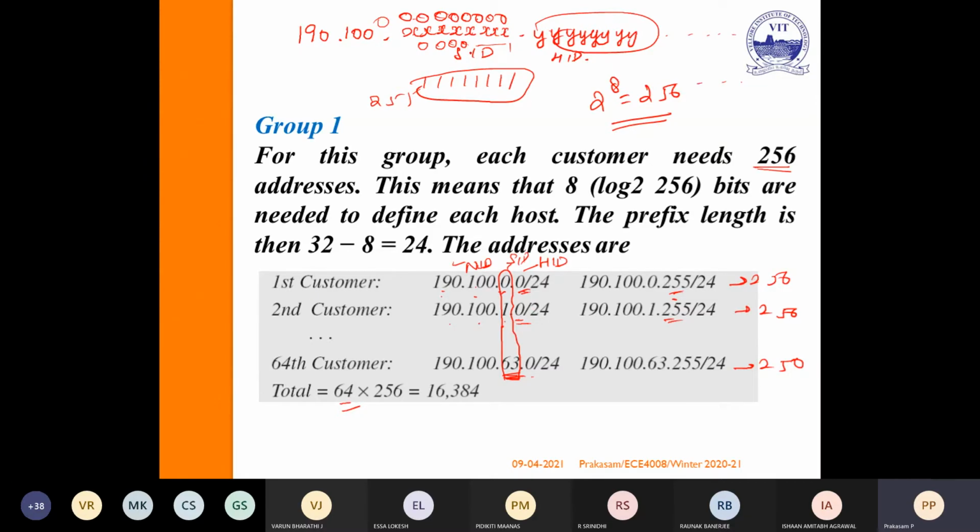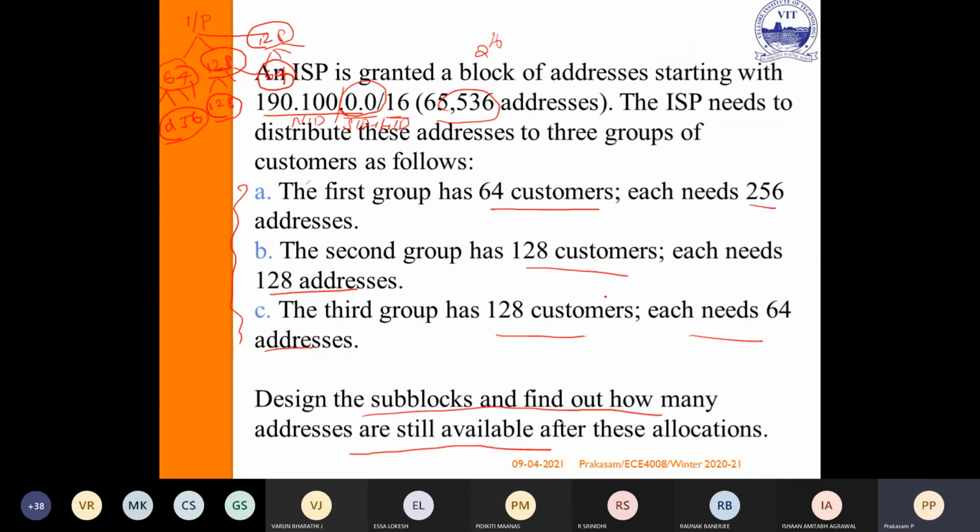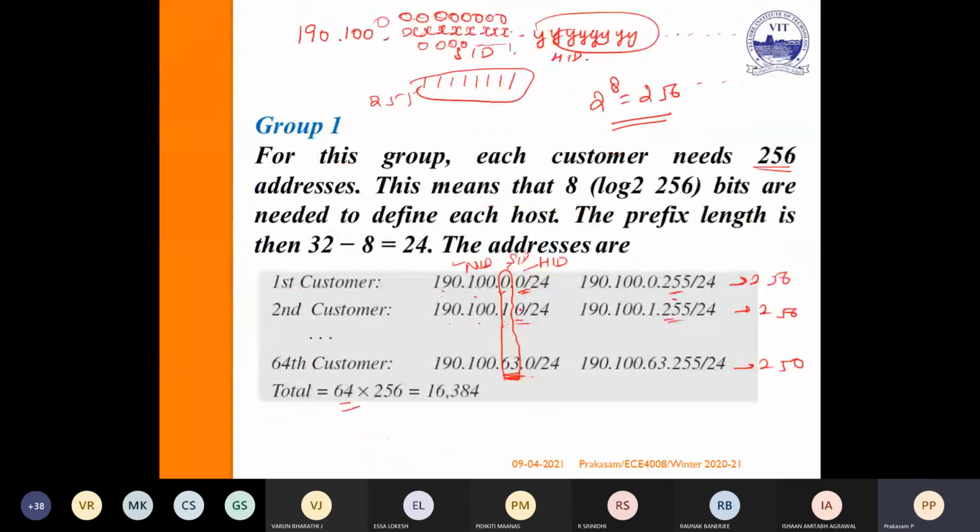Because we need only 64 customers, the subnet bits vary only from 0 up to 63.